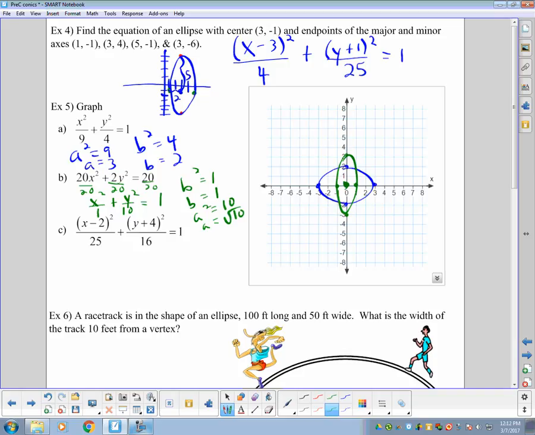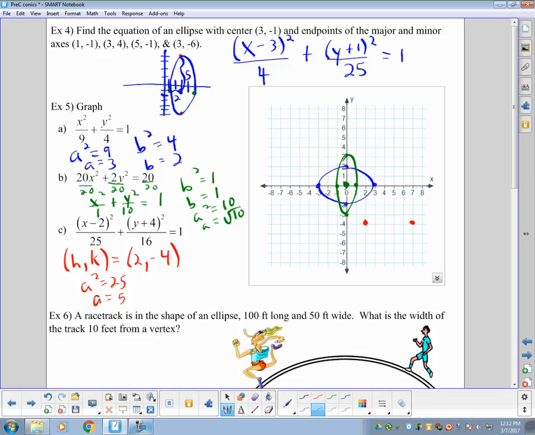All right. Final one. It's not centered at the origin. It's centered at an h comma k equal to 2 comma negative 4. So going over 2 and down to negative 4, place a dot there. And then this one's going to be longer horizontally. You can see that a squared is 25, so a is 5. You're going to go 5 in each direction from the center.